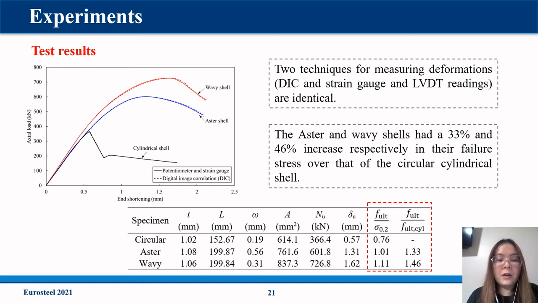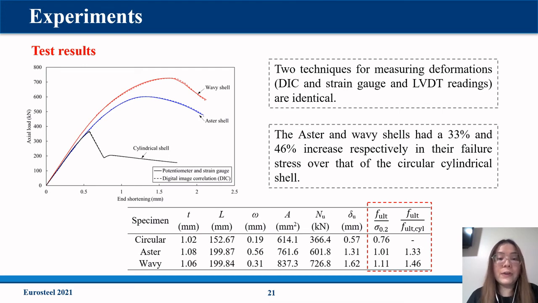From the load versus end shortening curve, we can see that the two techniques are identical in measuring the end shortenings of the specimens. The aster and the wavy shell had a 33% and 46% increase, respectively, in their failure stress over that of the circular cylindrical shell.